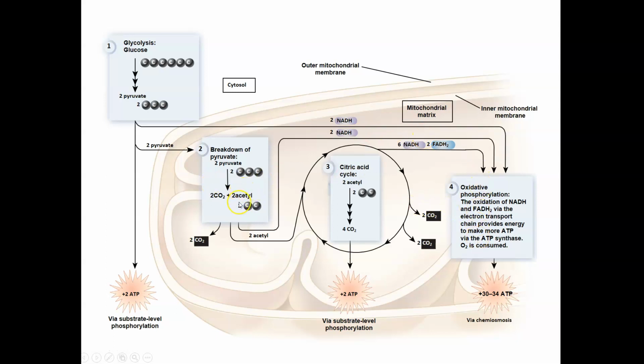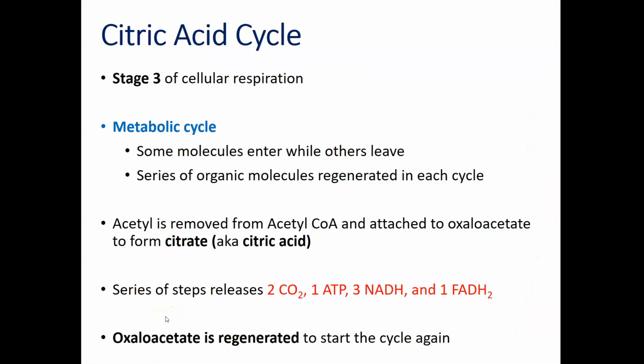All right, so now what we're going to look at briefly is what's happening to the 2 2-carbon molecules as they're entering into the citric acid cycle. So this is stage 3 of cellular respiration. We have a 2-carbon molecule, acetyl-CoA, and we've got 2 of those. And so they are going to enter into what is known as a metabolic cycle.